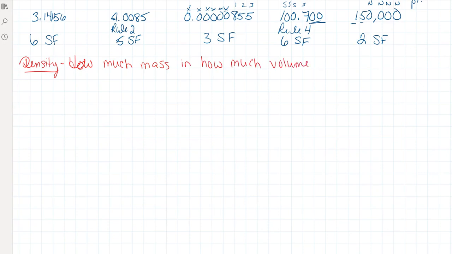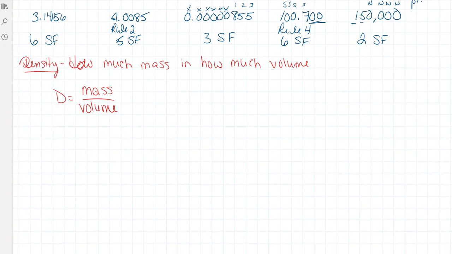So effectively, how much matter did I cram into a particular space? This should look pretty familiar from a physical science class you might have had, where density equals mass divided by volume. So you just plug stuff in, and it's really easy to do.